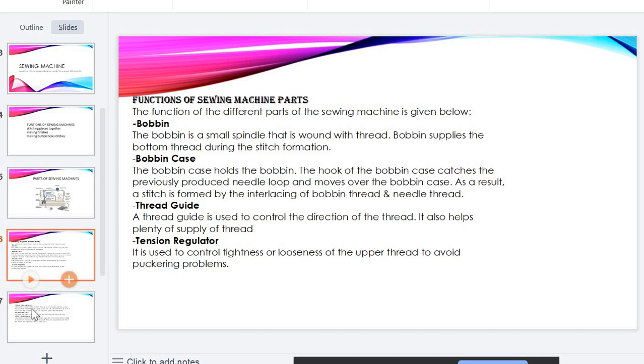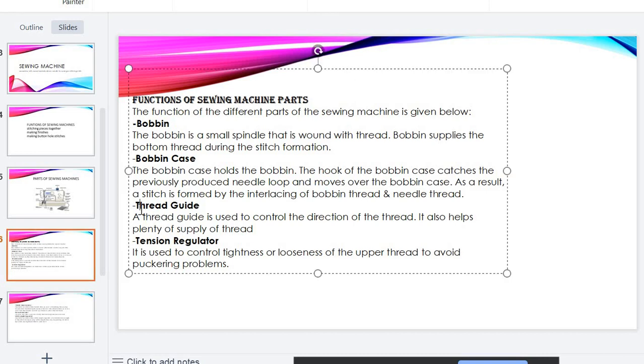We are reading on thread guide. Can someone read for us the function of a thread guide? A thread guide is used to control the direction of the thread.